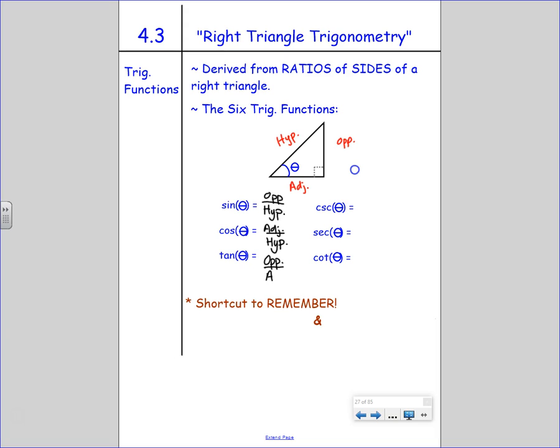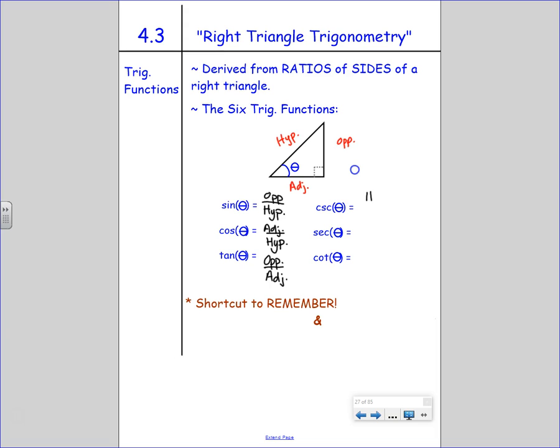Now, I could technically write these six trig functions in any order that I wanted, but first of all, I didn't want SOHCAHTOA, sine, cosine, and tangent. But why do these next ones go in this order? This one it was S and then C, this one's C and then S. Why would cosecant be written across from sine? It's the reciprocal.